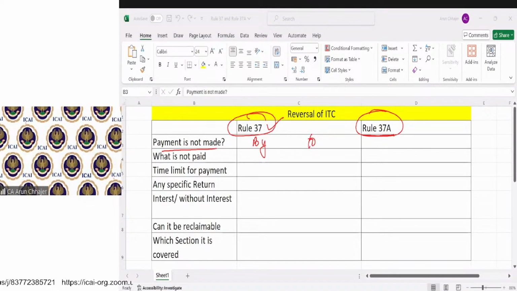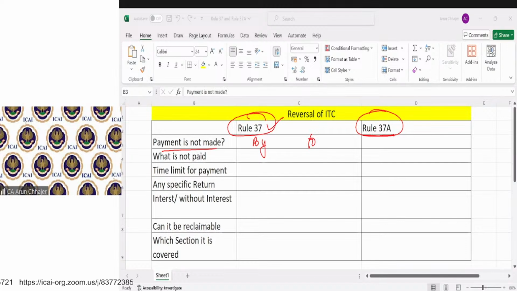Similarly, give the answer when 37A will attract, which party is not making the payment to which party. The answer is absolutely correct. Very nice.